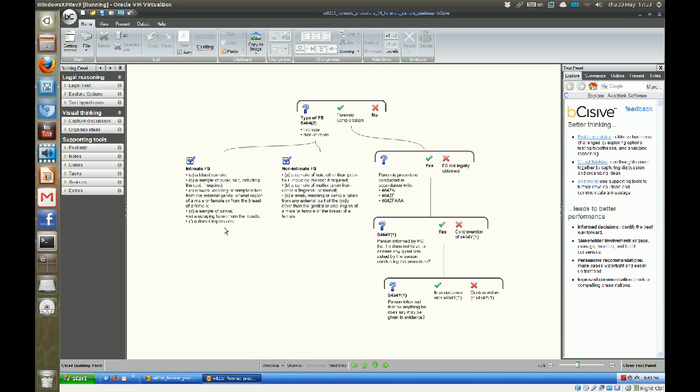To put it crudely, an intimate forensic sample is something that they have to stick something in you in order to obtain, whereas a non-intimate forensic sample might be a sample of hair other than pubic hair, or a sample of matter taken from under a fingernail or toenail, or a swab, washing, or sample taken from any external part of the body, other than, of course, the genital or anal region of a male or female, or the breast of a female.